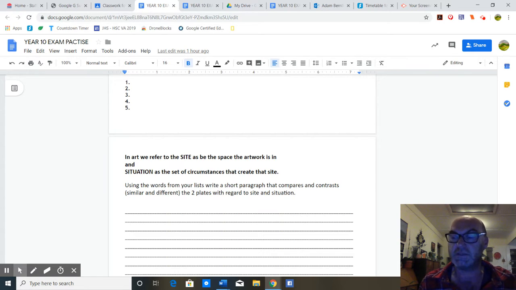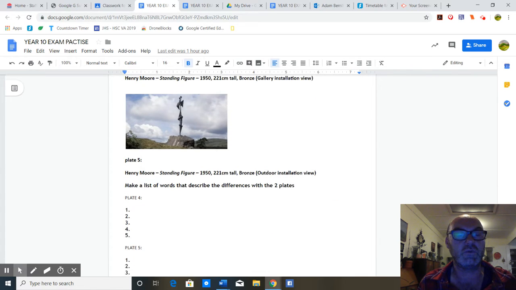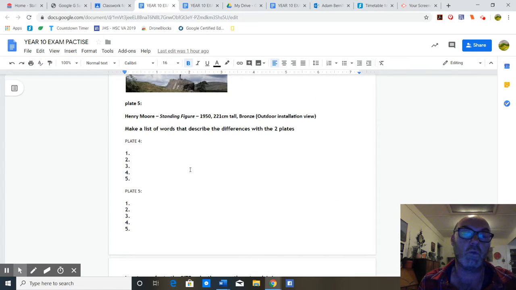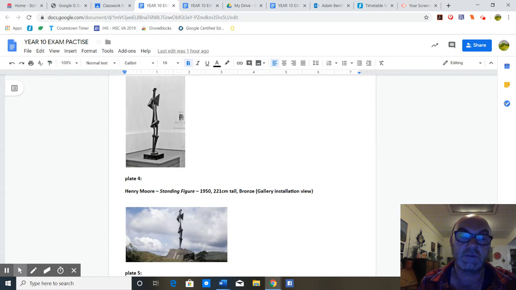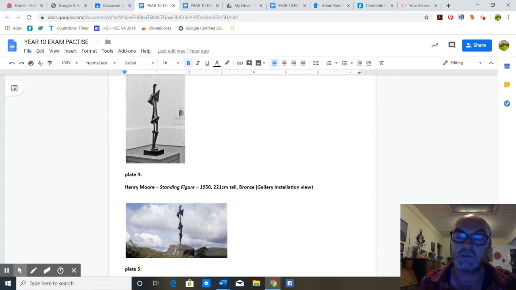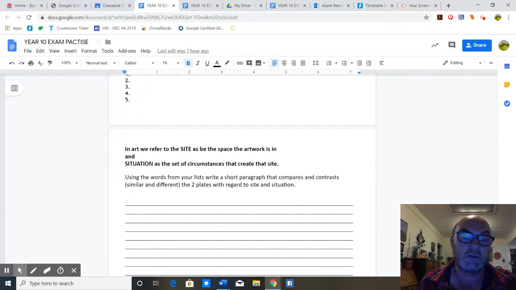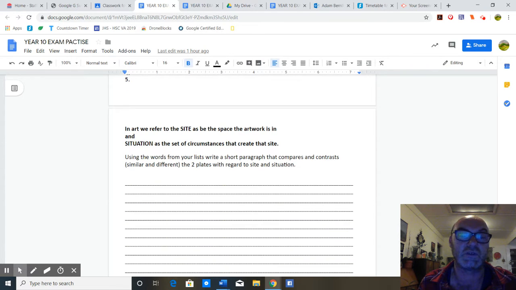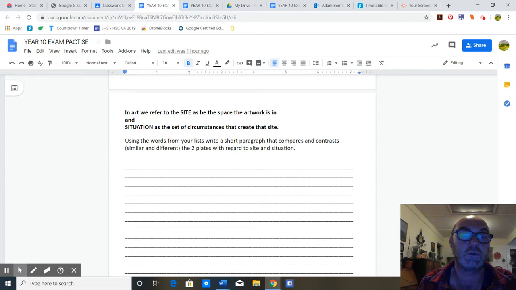Now, simply use that list of words that you've got for both of these plates, the differences because of the site and because of the situation, and write a short paragraph that compares and contrasts the two. It tells you about the similarities and the differences that the two plates have with regard to site and situation.